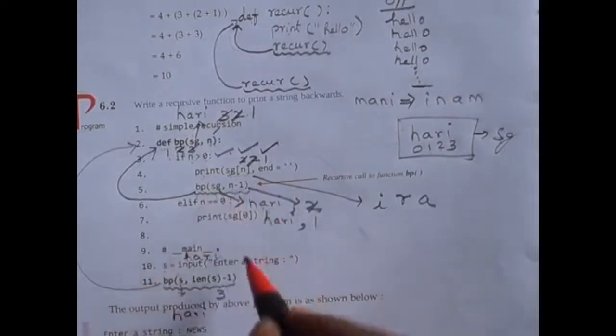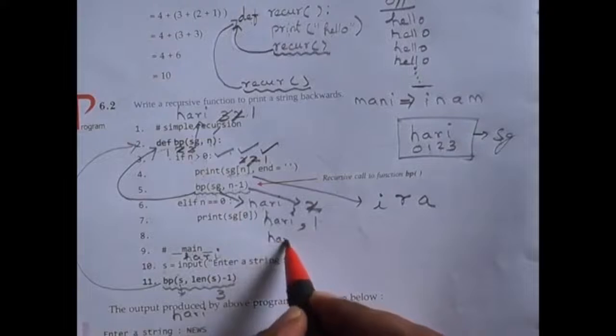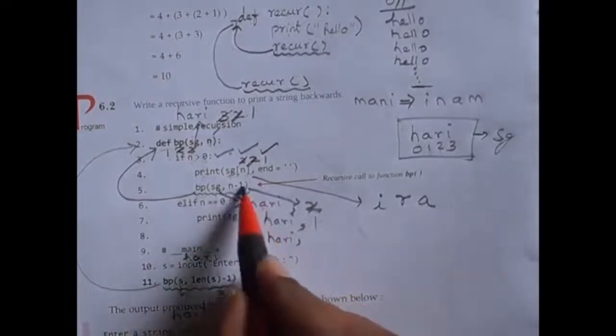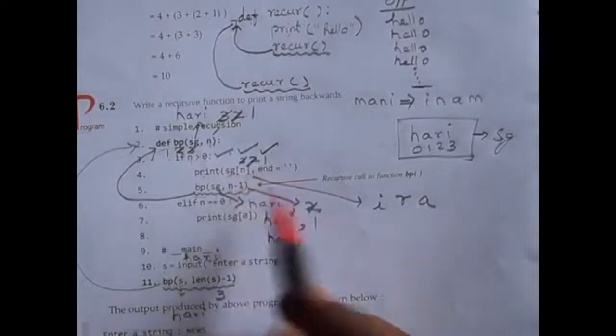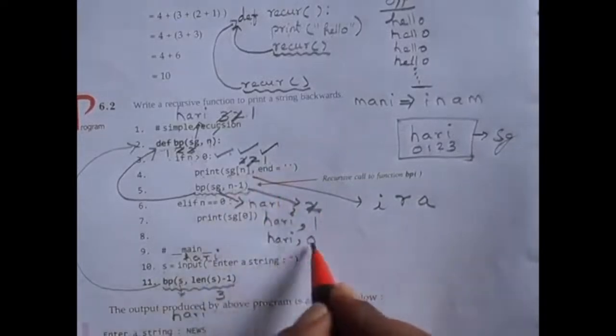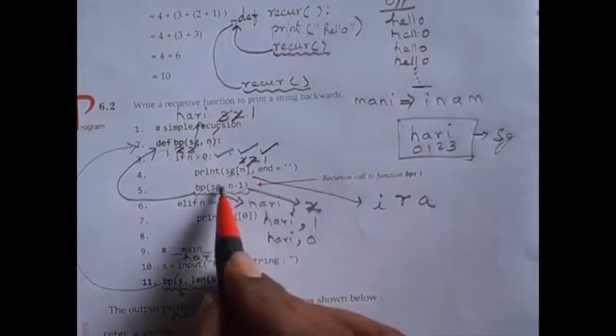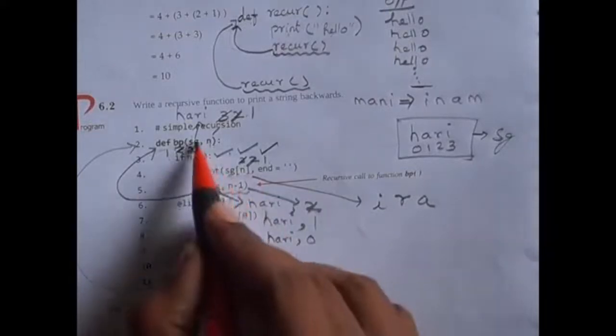Now tell me what is the value of these arguments. SG value is of course the same, Hari. And N minus 1 value? Last time it is 1, now it becomes 1 minus 1, it is 0. So Hari comma 0.